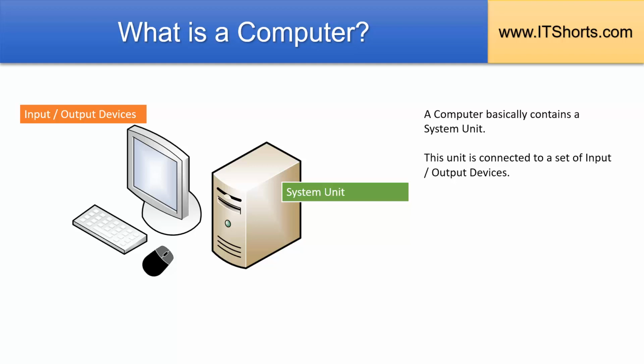What is inside a computer? A computer basically contains a system unit. This unit is connected to a set of input and output devices such as monitors, keyboards, mouse, etc. Generally, a monitor is primarily used as an output device, meaning that the computer can show its active program window.